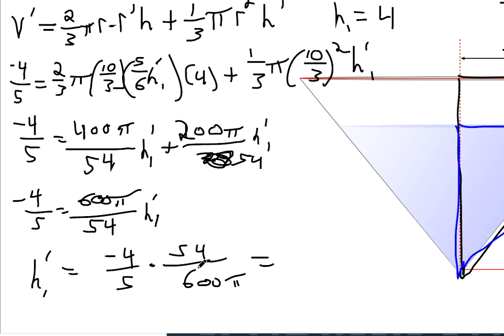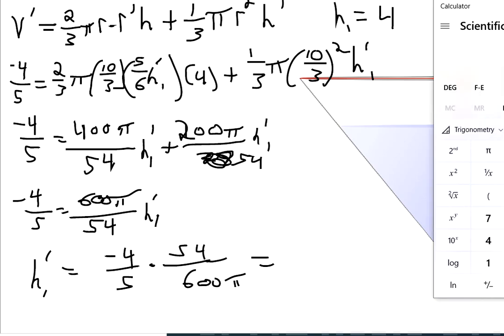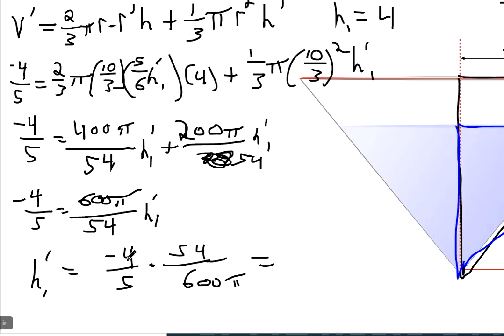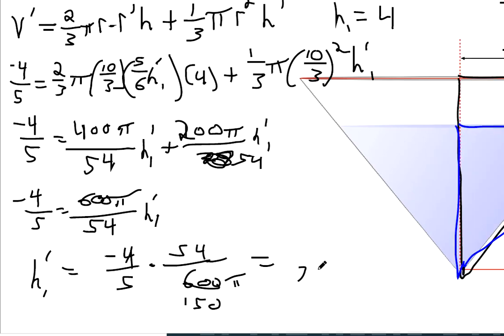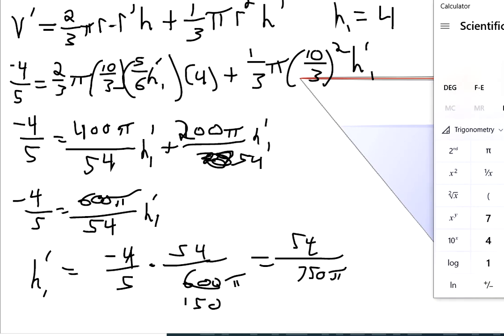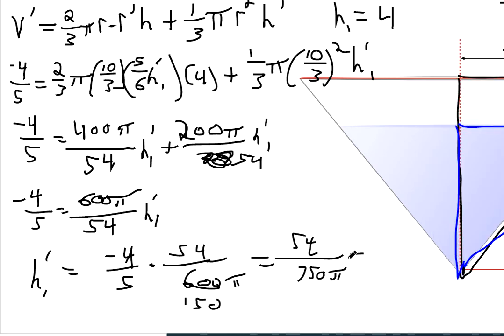So if we do that, 600 divided by 4 makes 150. So 150 times 5 is 750 pi in the denominator, 54 in the numerator. The top and the bottom can be divided by 6. Can't forget my negative sign. So that gives us negative 9 over 125 pi in the denominator.